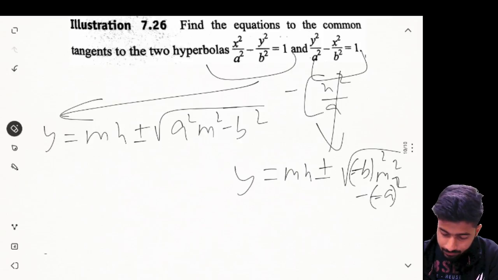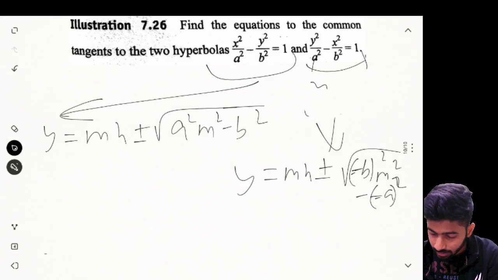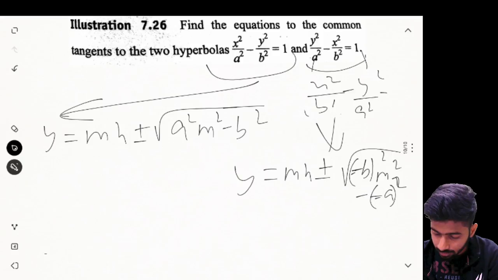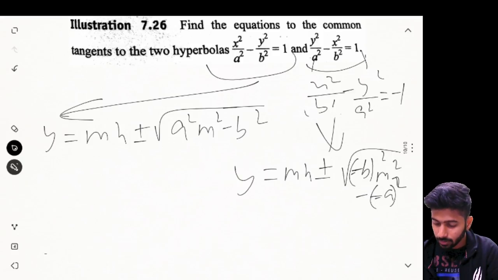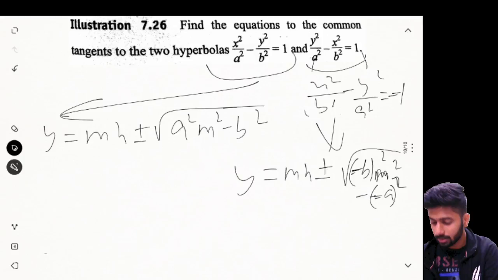So basically, this tangent can also be written in this form, right? X square by b square minus y square by a square is equals to minus 1. So that's why, instead of the coefficient of m square being a square, you take minus b square, because there's a minus 1 here. So this is a form that you have to remember, right? I'm not deriving this form right now.